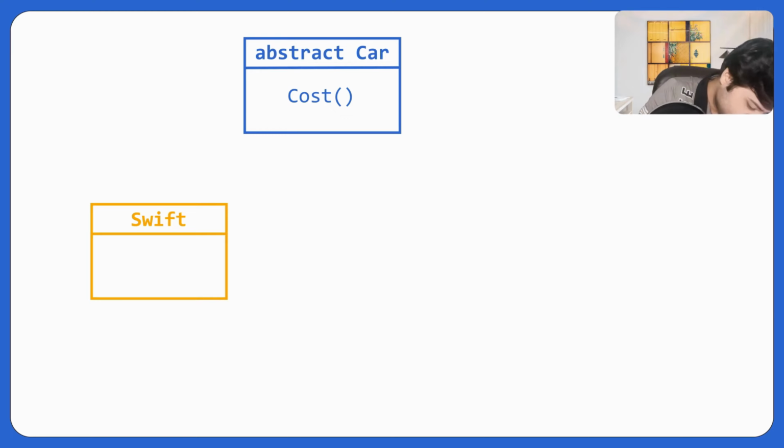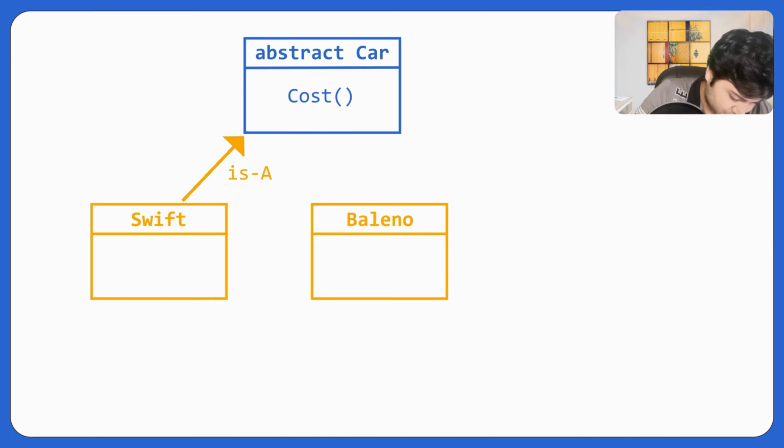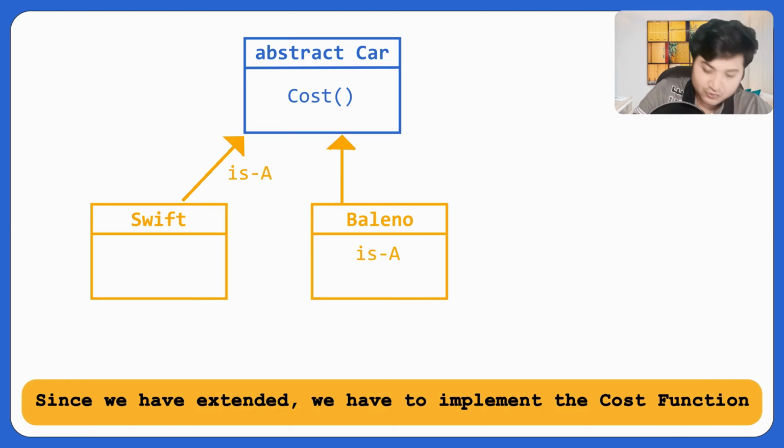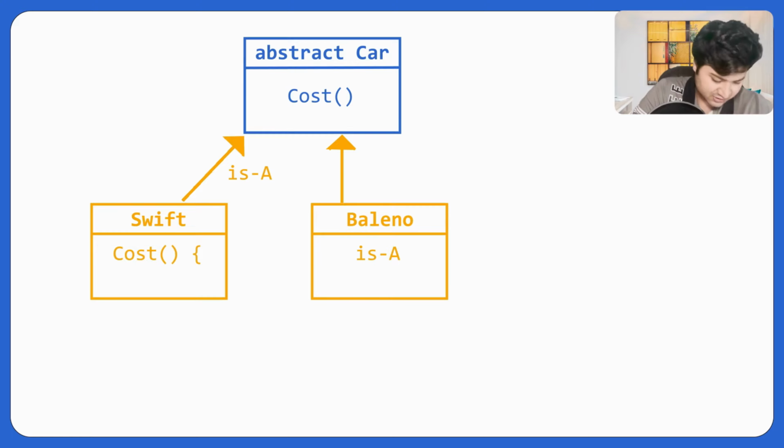Now Swift can extend this base class Car. I'm writing abstract in front of it so that it is clear. This is an is-a relationship because we are extending the properties. In the same way there could be Baleno, which also has an is-a relationship since we have extended, so we'll have to implement this cost function. Let's say Swift returns a cost of 5 lakhs, and Baleno also implements the cost function and returns 3 lakhs.